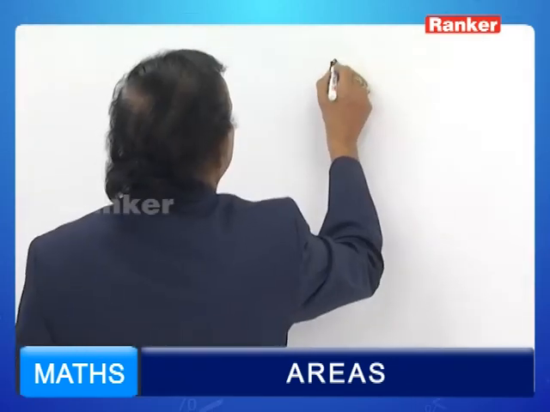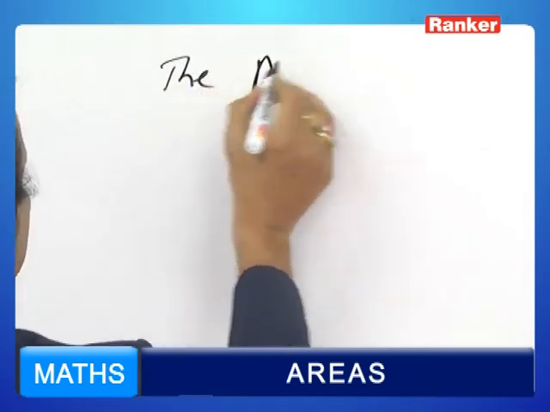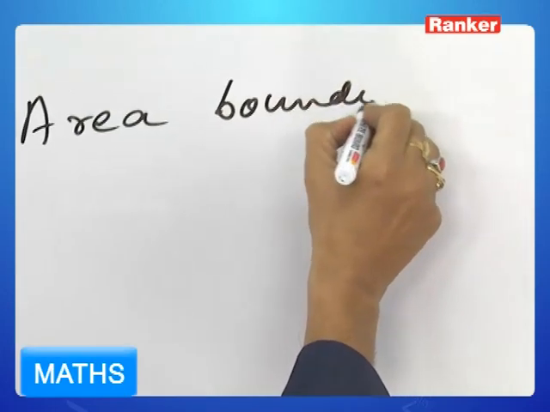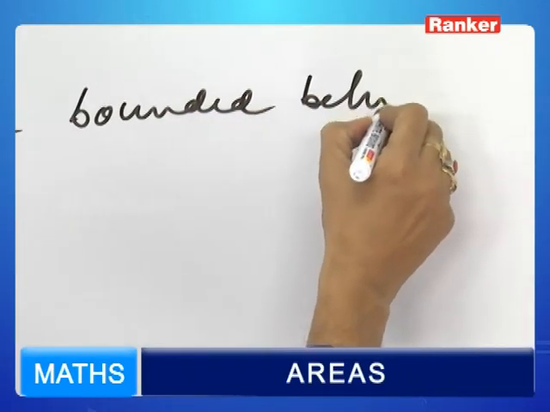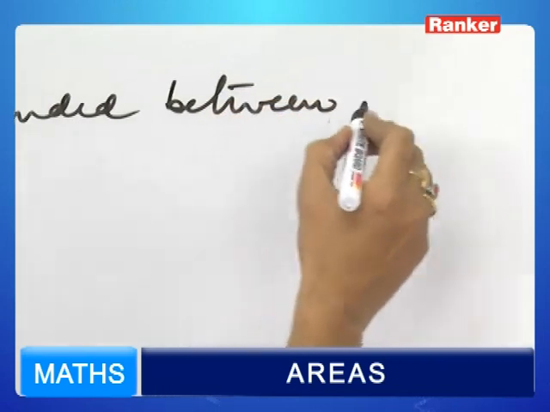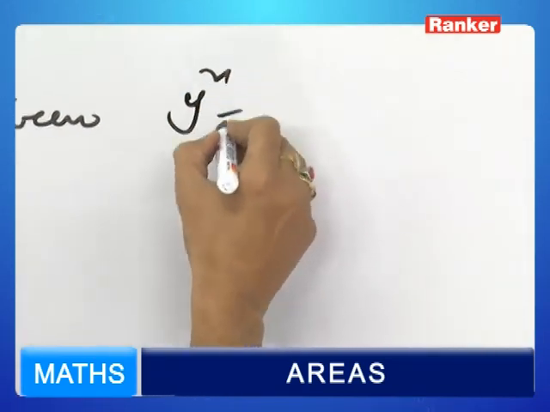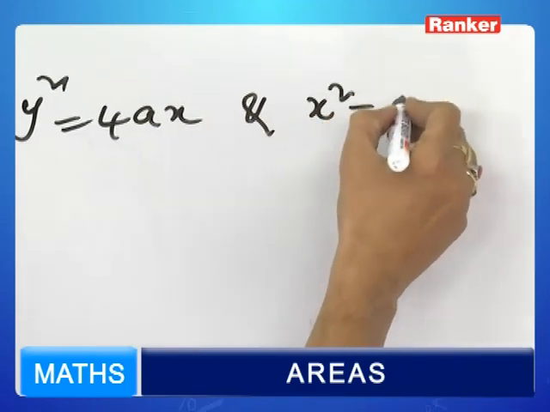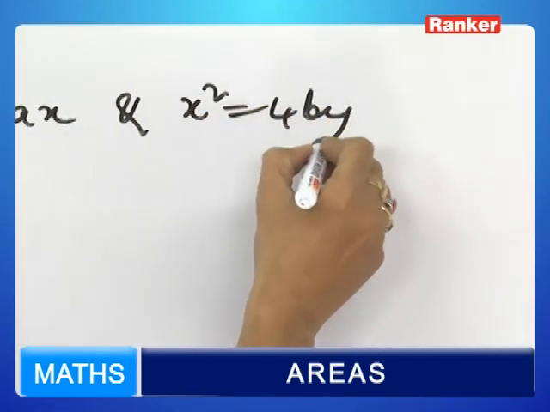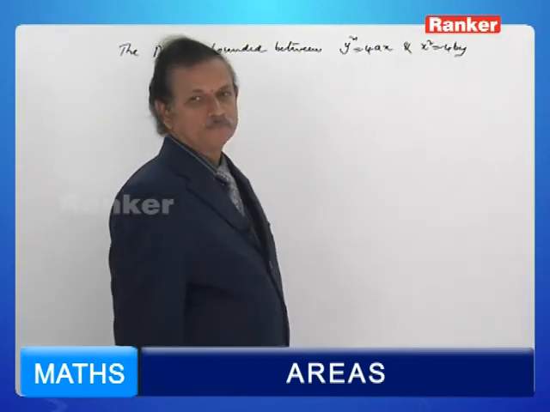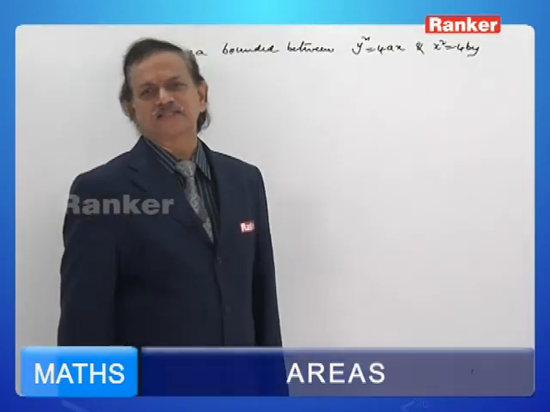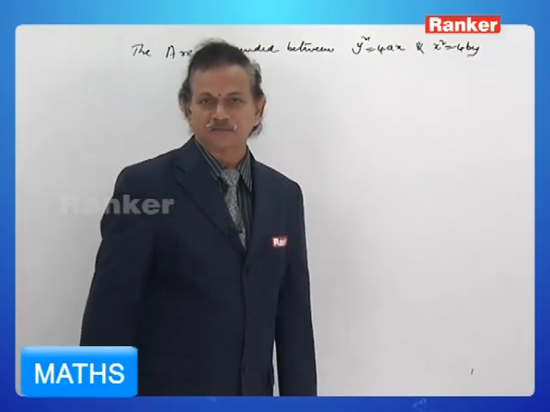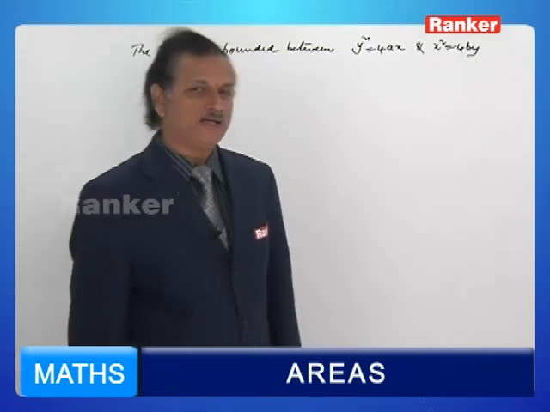The area bounded between y square is equal to 4ax and x square is equal to 4by. Everybody knows the answer, 16ab by 3. Such a famous result it is. Answer is 16ab by 3.